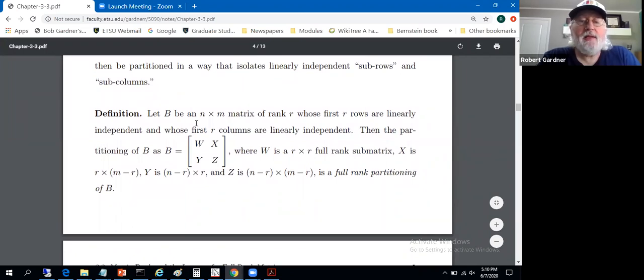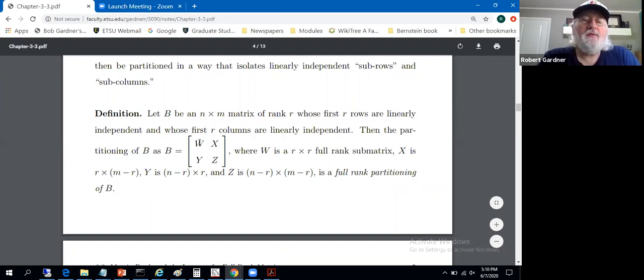Let B be an n by m matrix of rank R whose first R rows are linearly independent and whose first R columns are linearly independent. Then the partitioning of B is as given here, where W is R by R. So I've used the rank of matrix B to do this moving around, and the remaining pieces are of the appropriate size. This is called a full rank partitioning of B.